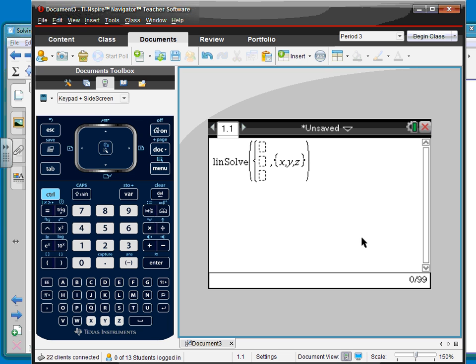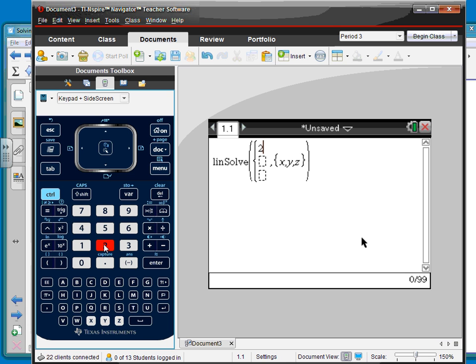And then what you're going to get is this box. And in this box, you're going to have these little squigglies. And what you're going to do is you're going to type in the equation. So 2x plus y minus 2z. The equal sign is right beside the trig key, or to the left underneath the control. It's equal to 3.